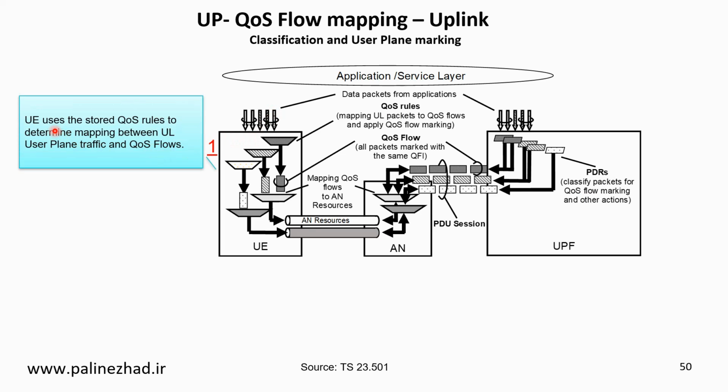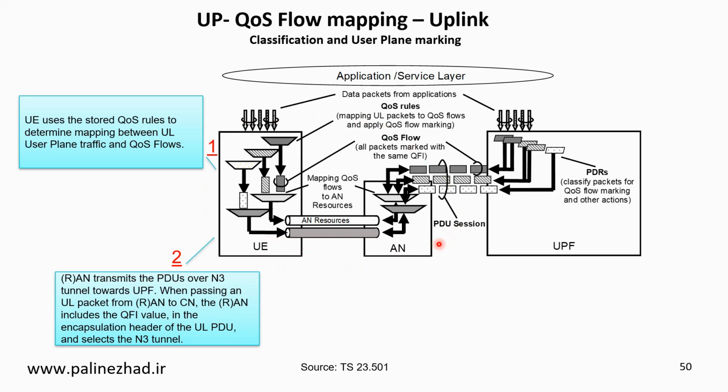At the first step, the UE uses the stored QoS rules to determine mapping between uplink user plane traffic and QoS flows. And also, UE can get these stored QoS rules if the reflective QoS, for example, is enabled and UE derived the QoS rules in the downlink direction and now can apply them in the uplink direction.